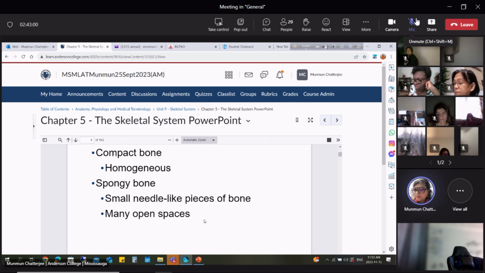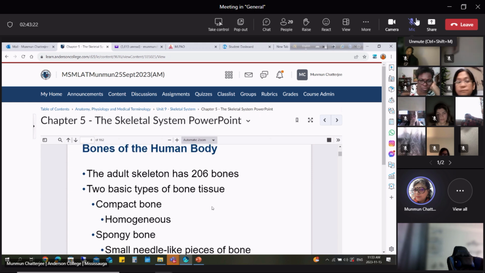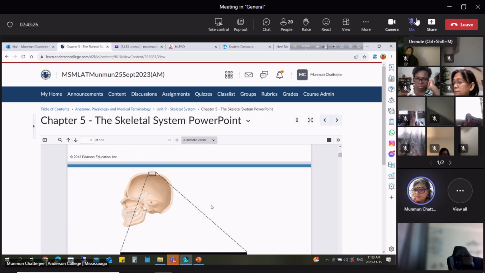The compact bone is on the outside. The total bone is compact and closed, but inside it is a little bit spongy, not totally a tube-like hollow, but there are spaces, and those spaces are formed by the spongy bone because it has many open spaces. So the two basic types of bone tissue: compact bone and spongy bone.